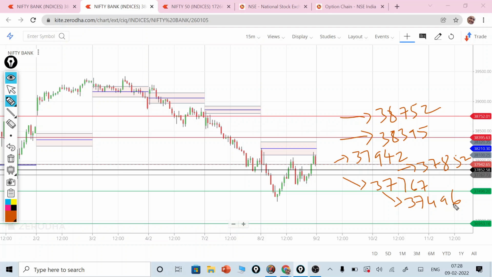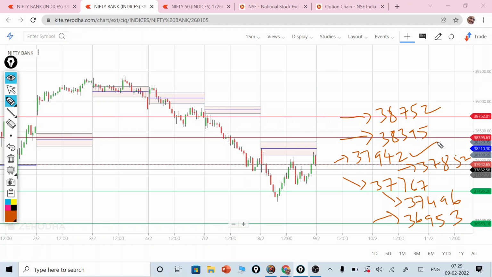If it breaks below this support, that is 37,496, we may go all the way down to 36,953. So what is your strategy for today? If the market opens gap up and sustains above 37,942, we can go long for a target of 38,395.